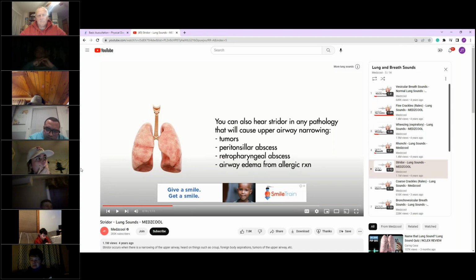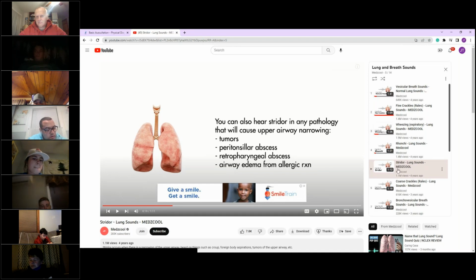This is upper airway narrowing, and one of the most common things you'll see is croup or epiglottitis in a child. This is that almost barking cough that they'll describe with a small child like that. Can be seen in adults too for a whole host of different reasons.